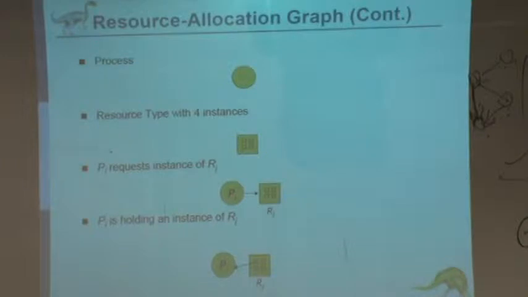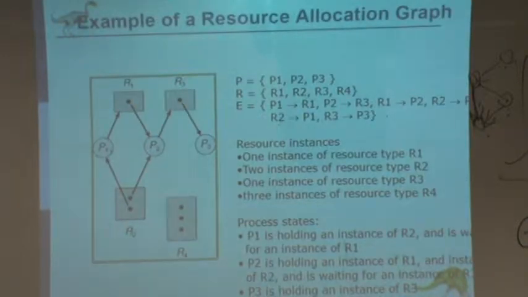So we are going to use this graph, the resource allocation graph. Let's take a look at this resource allocation graph, which means P1 is holding R2, right? At the same time, requesting R1. Unfortunately, no R1 is available. It has only one instance. It's held by P2. Also, P2 is holding R2.